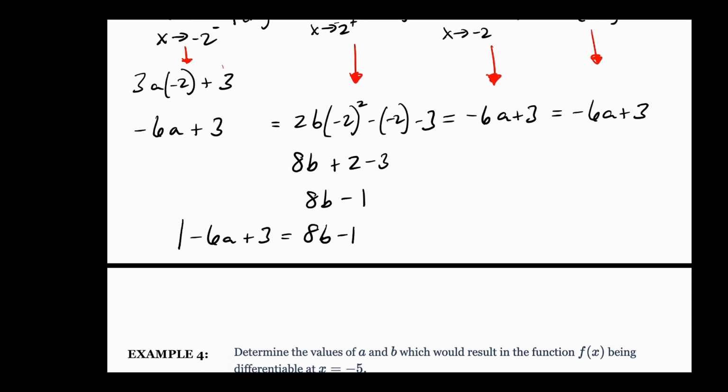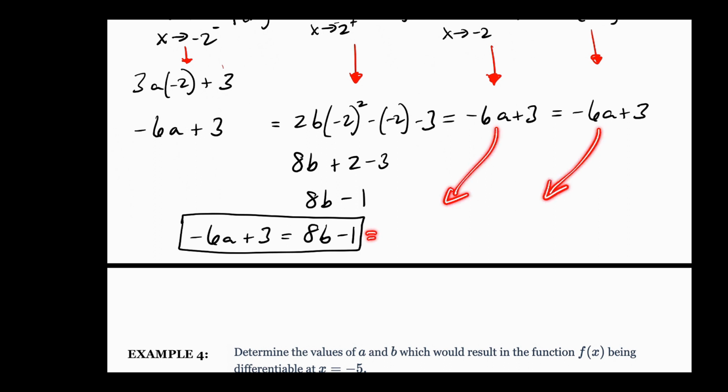You can also put equals the same thing, but we already know it's equal, so you don't have to repeat it. So that's what we get. We could solve for A or solve for B. I could do that, but I'm not going to do that yet, because I want to check differentiability now.